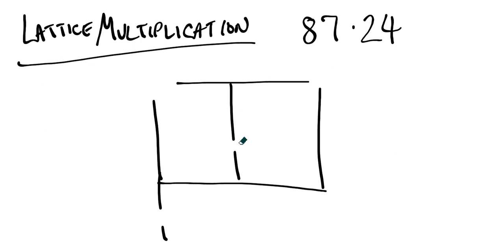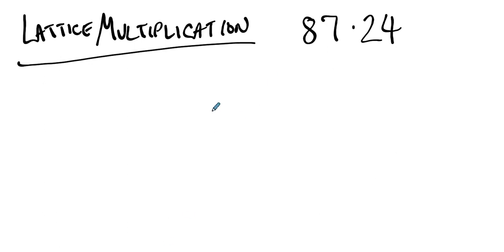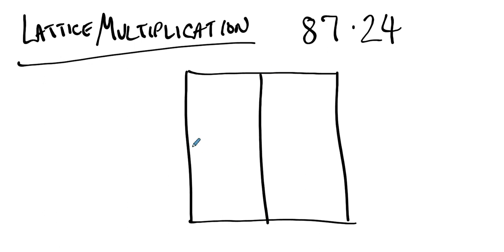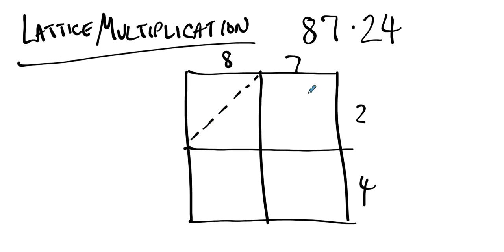Here we go. I have a master's degree. Can you believe that? It's a 2-digit times a 2-digit. So we set up a 2 by 2 square, 87 times 24. And then we draw these diagonal lines, and those diagonal lines actually help us with place value.